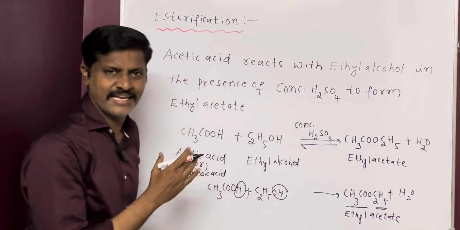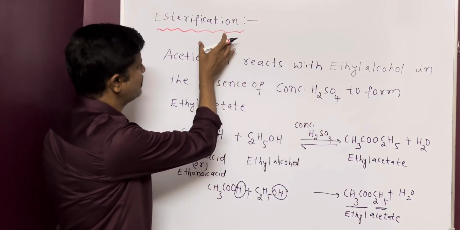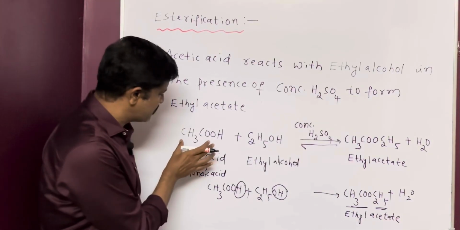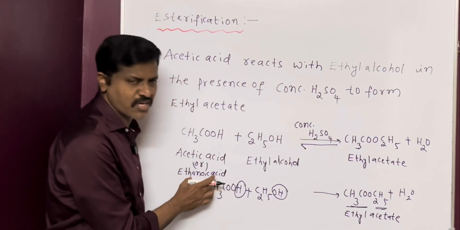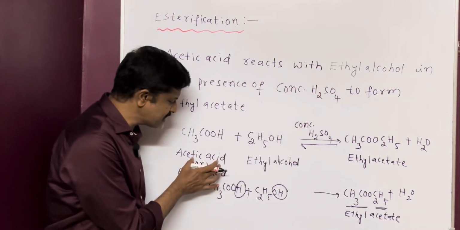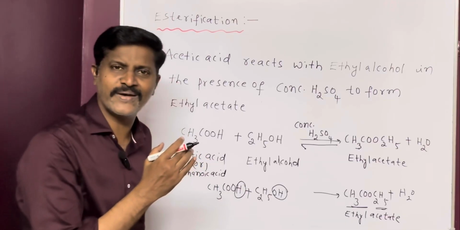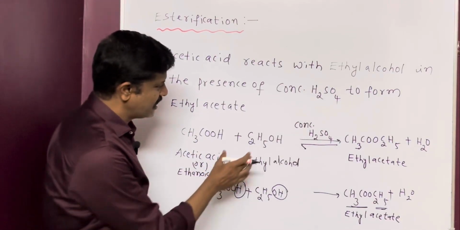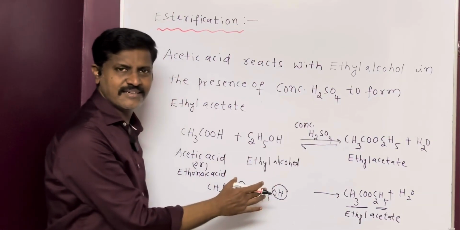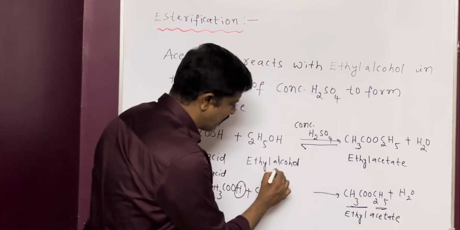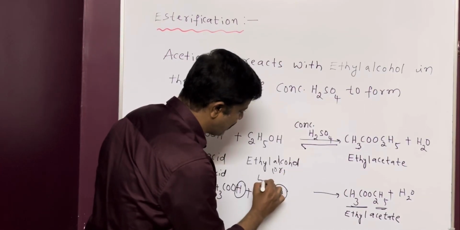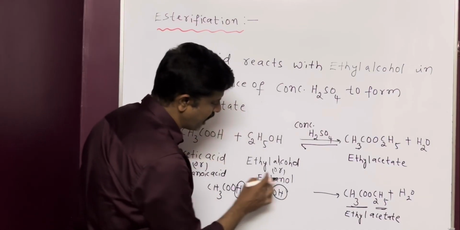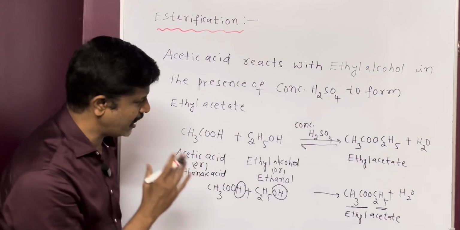So this reaction is called esterification. Okay, clear? Acetic acid is the common name, ethanoic acid is the IUPAC name. Ethyl alcohol is the common name, ethanol is the IUPAC name.